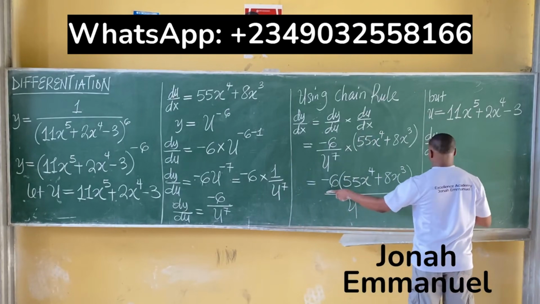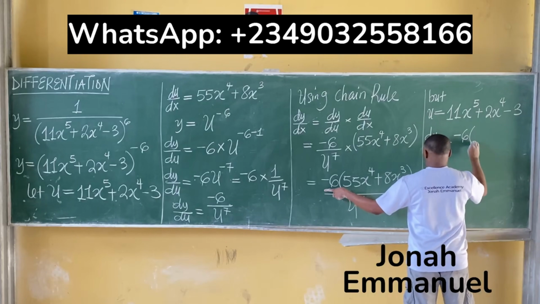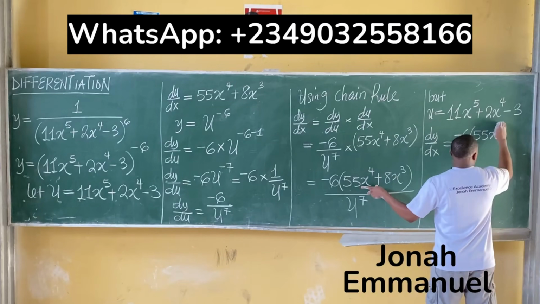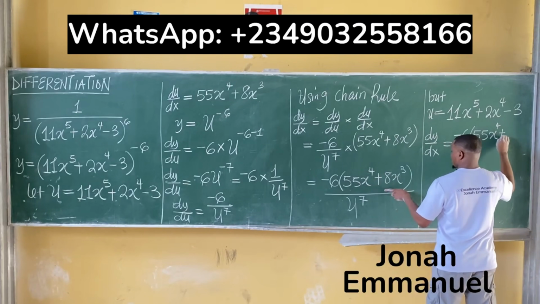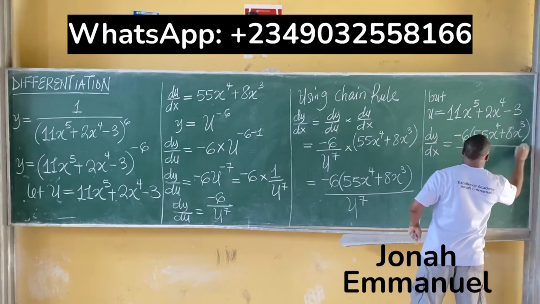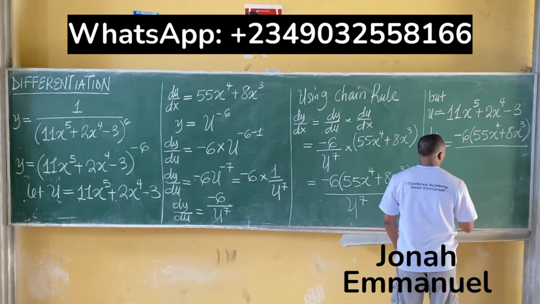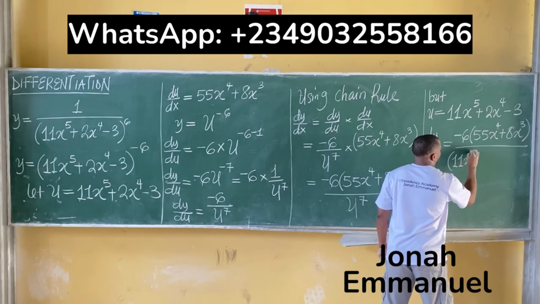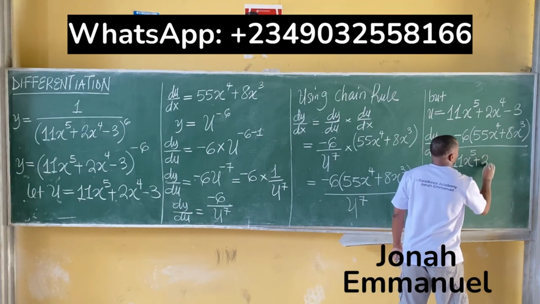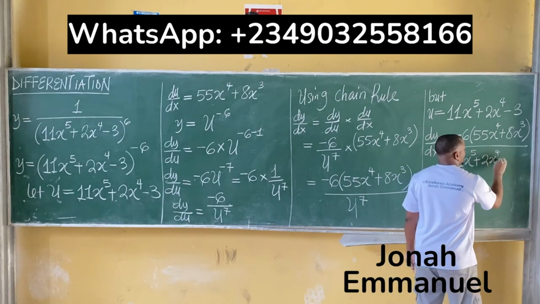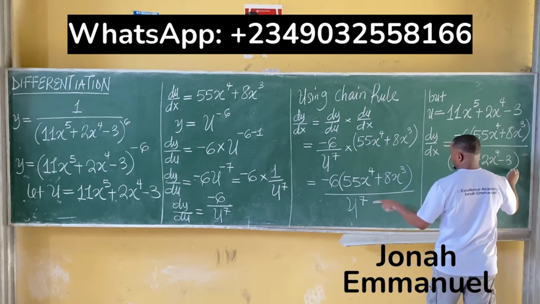If that's the case, we'll have that dy/dx is equal to this one here, minus 6 into 55x to the power what? 4 plus 8x cubed, that's this, all over u to power 7. u is what there? 11x^5 plus 2x^4 minus 3, to power what there?